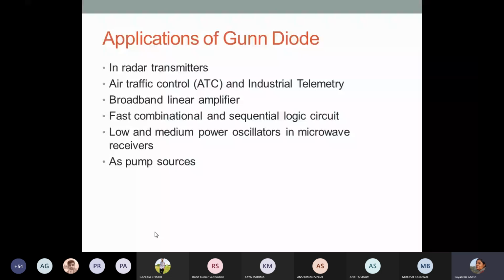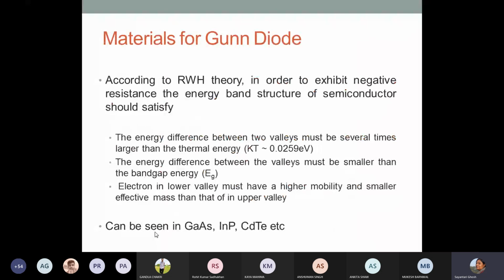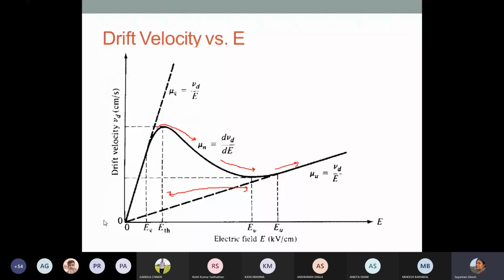Now, if we have a negative resistance, charge accumulation will happen, because charge accumulation is kind of a property of negative resistance devices. In any negative resistance device, if you have some charge accumulated by chance at a particular point, the system does not encourage it to diffuse, but encourages it to accumulate further, to grow into a domain.